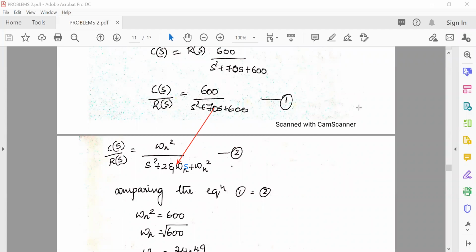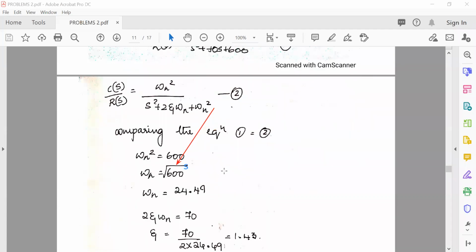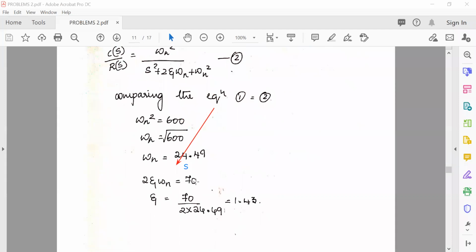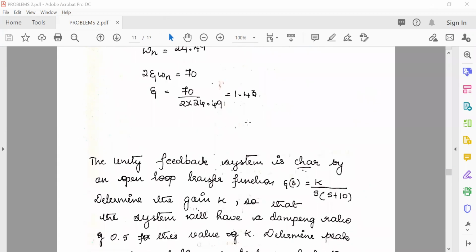So 2 zeta omega n is 70. Anyway, we know the omega n value, find out the zeta value. So this is the first problem.